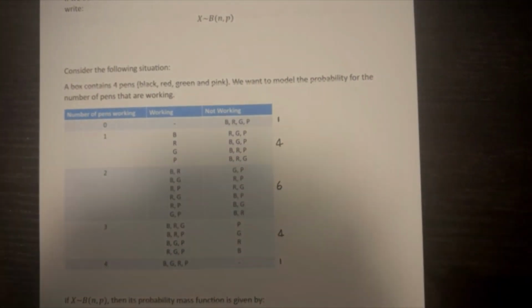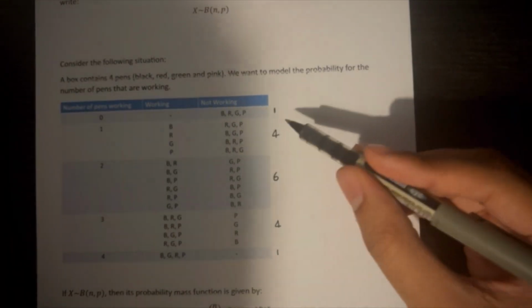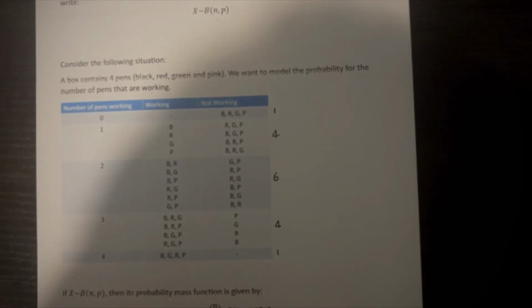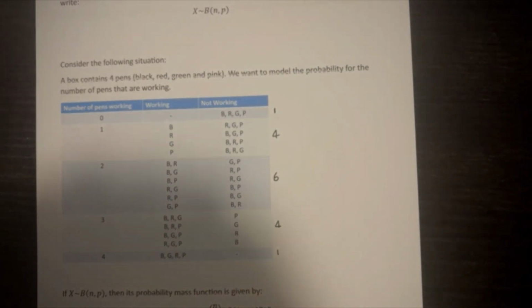So if I look at those values I have there, 1, 4, 6, 4, 1. Hopefully those values are familiar to us.